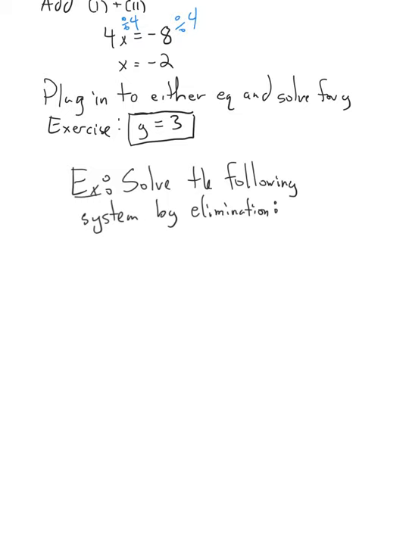So 2y equals 3x minus 4. And let's do x plus 4 equals y. Okay, so here's our system.